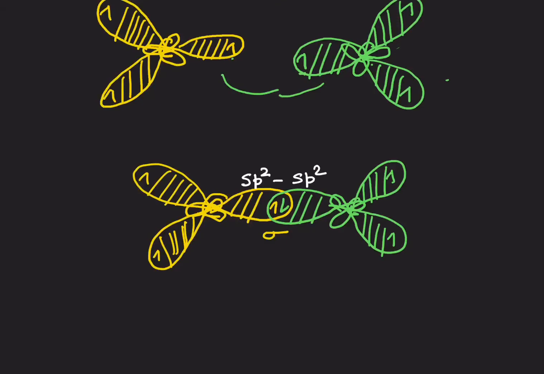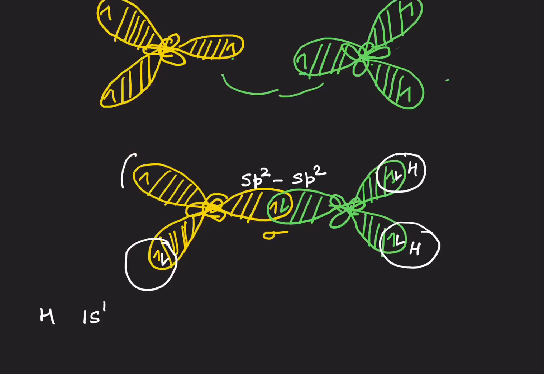Now, there are still unpaired electrons. Oh yes, we are forgetting the hydrogen, right? Hydrogen electronic configuration 1s1, it comes up with its unpaired electron. Hydrogen 1s1 needs an unpaired electron.